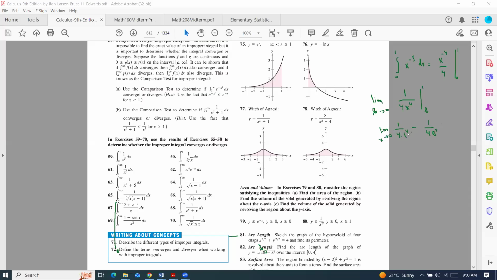So the first piece has no issues because it's just a fixed number. So the limit of 1/4 is 1/4. Now, how do I take the limit when b is approaching 0? Well, looks like we divide 1 by small, which is big, so there's infinity. So this will be negative infinity.